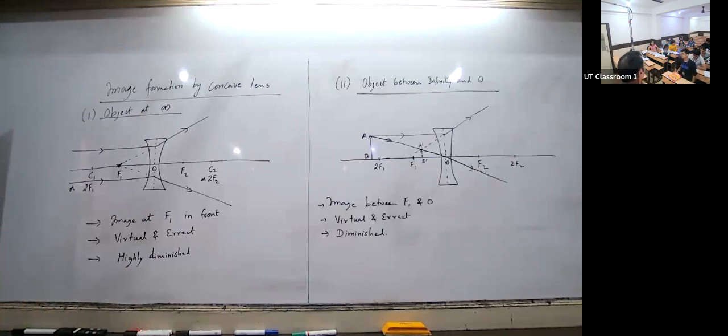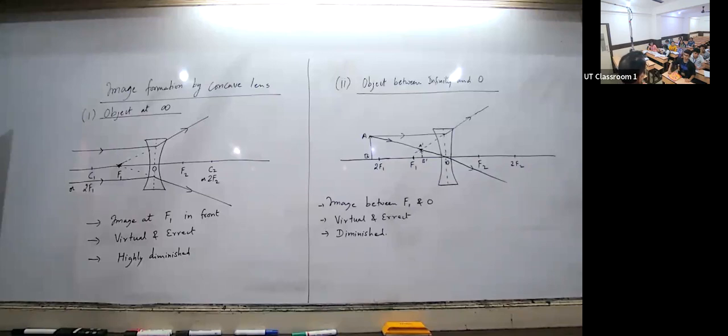Thicker in the middle. Real and virtual in case of convex, and only virtual in case of concave. So only virtual and smaller size, diminished in concave, and for convex it is all types. Okay.